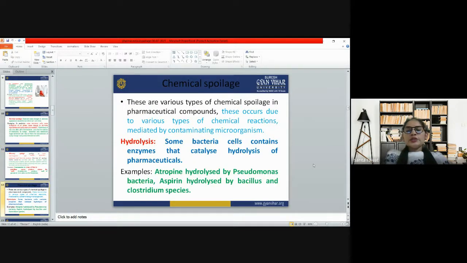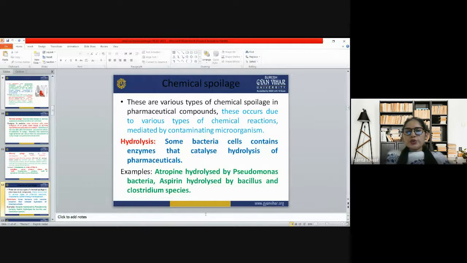Now, coming to the next type of spoilage, that is chemical spoilage. Chemical spoilage basically occurs due to some chemical reactions in the composition. These are the various types of chemical spoilage in pharmaceutical compounds.